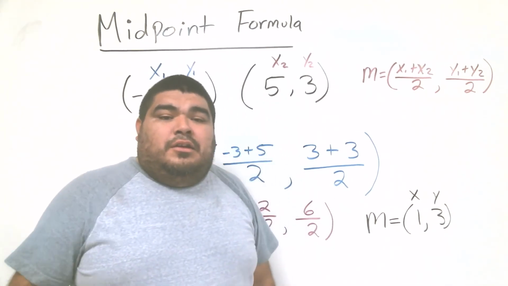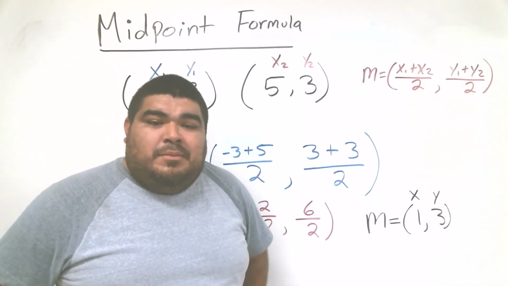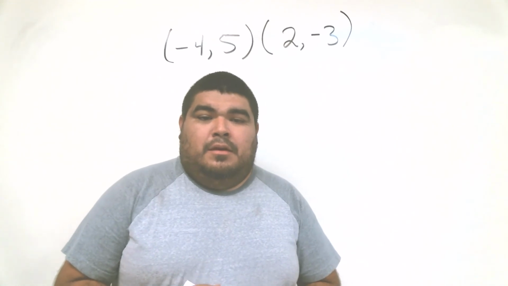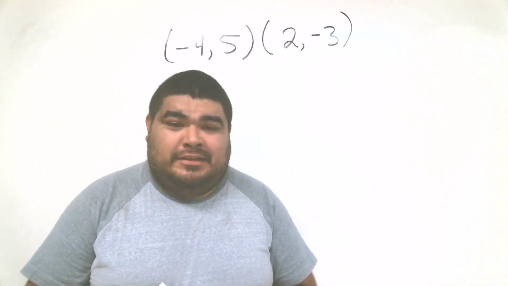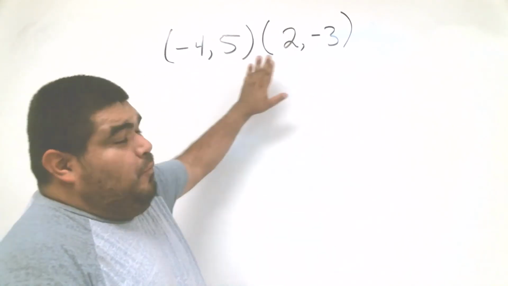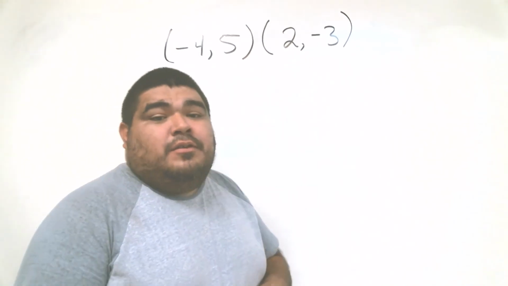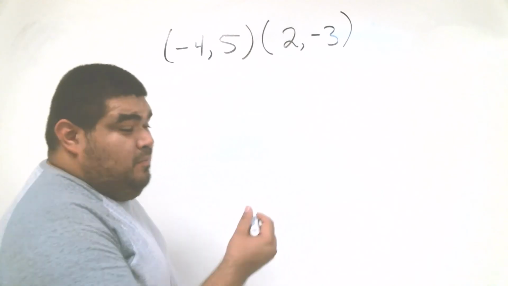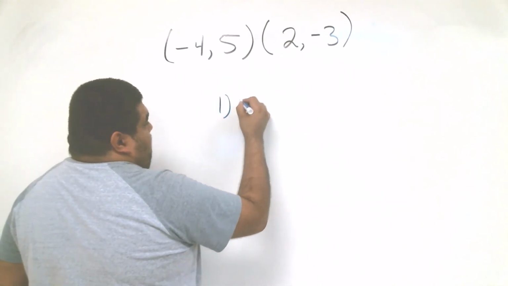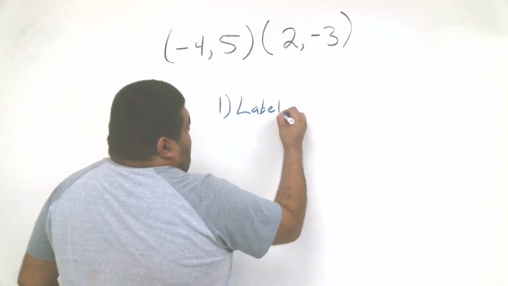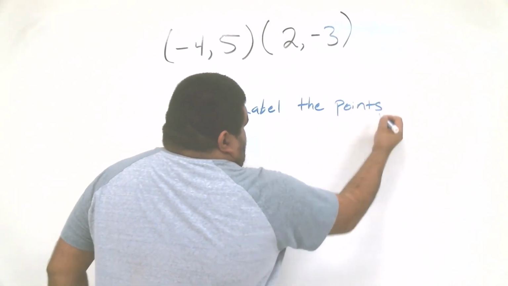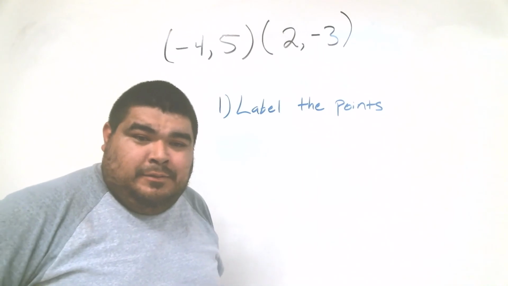Okay? So here's your assignment for today. All right, guys, your assignment for today is, notice that 2 points here, okay? The first thing you have to do is label them. That's number 1. All right, so label the points.